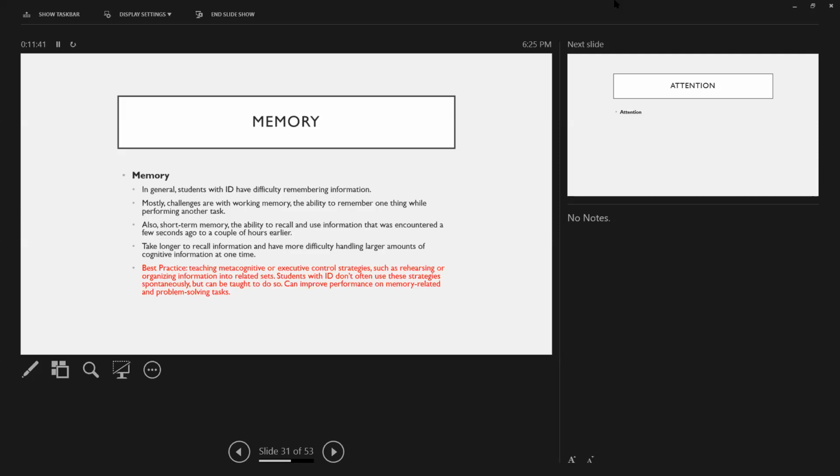Often, students without disabilities can come up with these strategies on their own, on the fly. But for many students with intellectual disabilities, that's not a spontaneous action. So it does need to be taught.